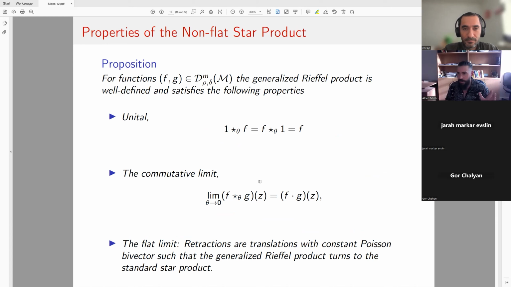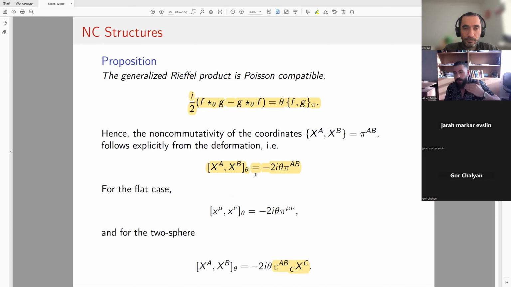What is really problematic is when you go to one point, like the coinciding point limit. This is where divergences really start popping up, UV divergences and all that. The Rieffel product is well defined for 1 point, and I had to define it for 2 points, while the 2-point function is well defined for 2 points, but not for 1 point.